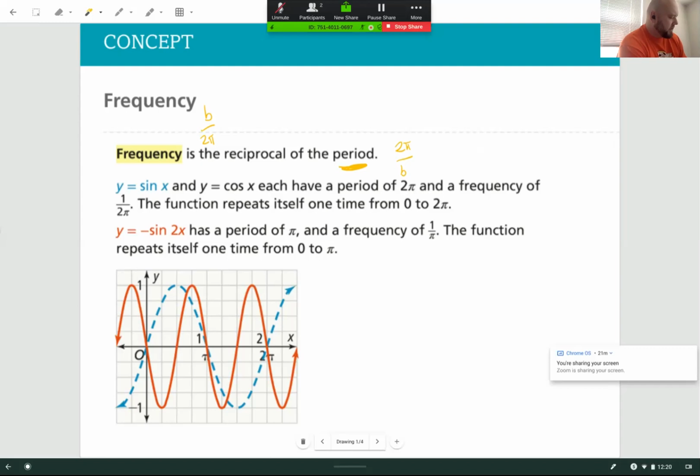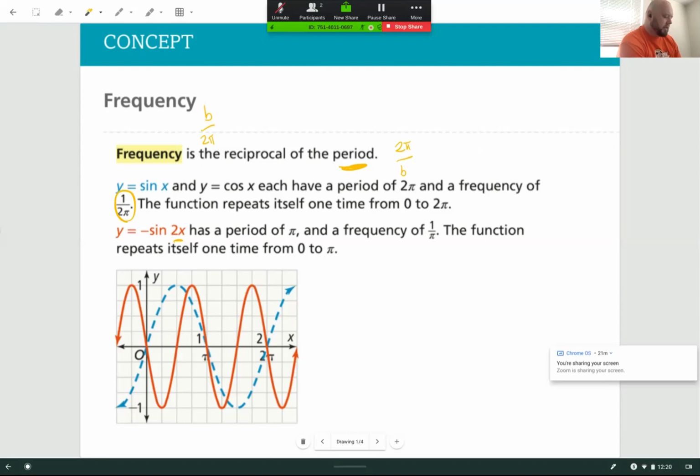The concept says y equals sine x and y equals cosine x each have a period of 2 pi and a frequency of 1 over 2 pi, just the reciprocal of that. The function repeats itself 1 time from 0 to 2 pi. Y equals negative sine 2x has a period of pi. We just looked at this function in example 2b. So it has a frequency of 1 over pi, just the reciprocal of that.